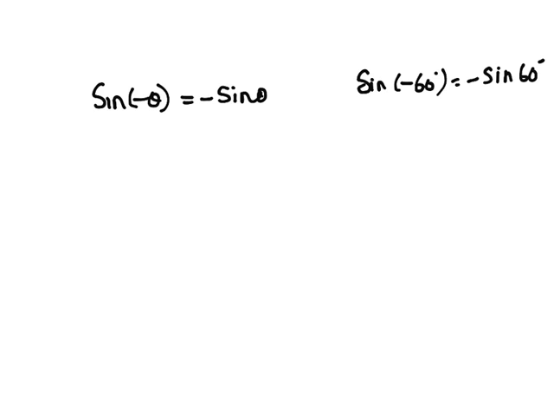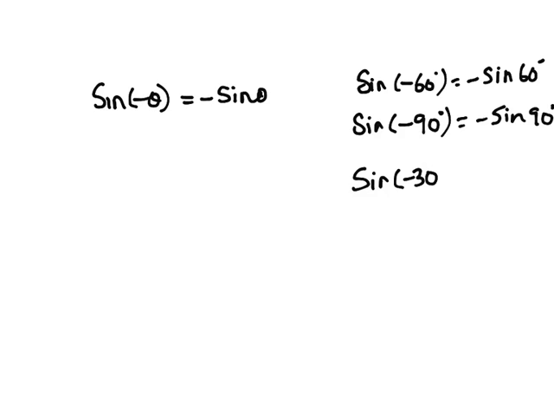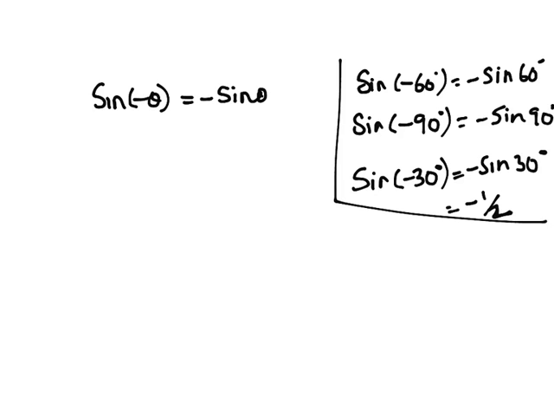Sine of minus 90 degrees is equal to minus sine 90. If they ask you to find the value of sine of minus 30 degrees, sine of minus 30 is nothing but minus sine 30, and we all know that sine 30 degrees is half, so minus half. So sine of minus 30 degrees is equal to minus half.